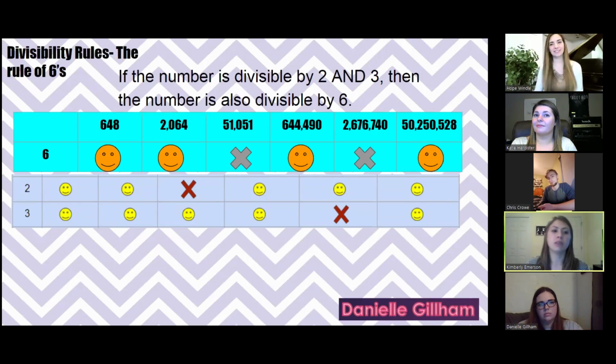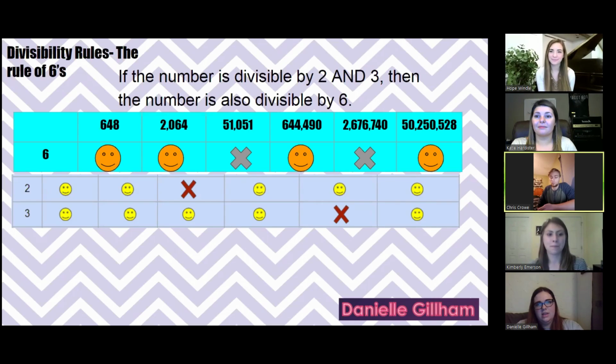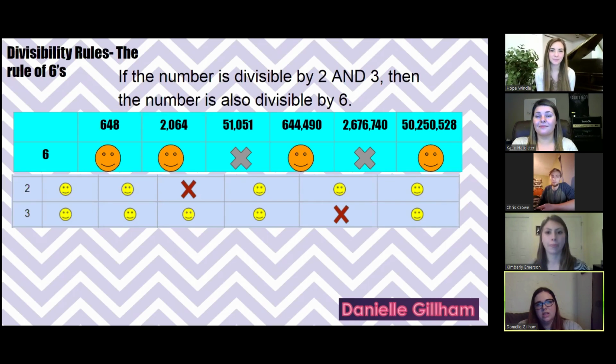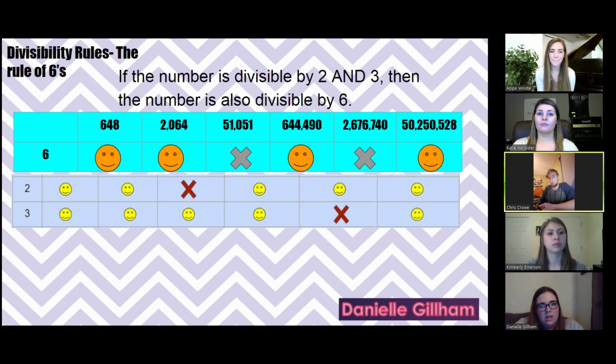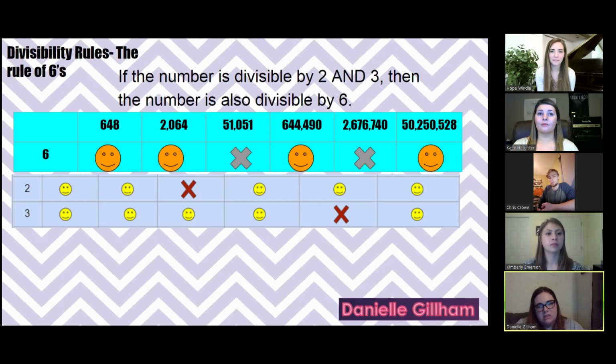So let's look at the number 6. Danielle, can you give us some examples of those, please? Yes, if the number is divisible by 2 and 3 in those rules, then the number is also divisible by 6. There were 2 numbers that weren't because one of them wasn't divisible by 2, and one of them wasn't divisible by 3.